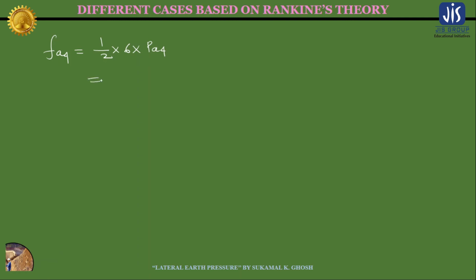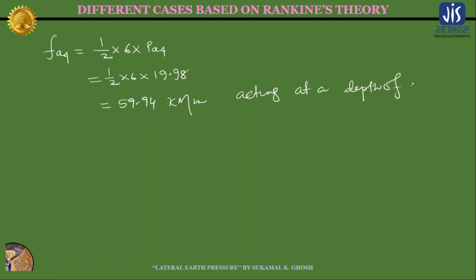So if you solve it, you will have half into 6 into Pa4, which was equal to 19.98, right? So if you solve it, you will have 59.94 kilonewton per meter acting at a depth of 2 meter, right?